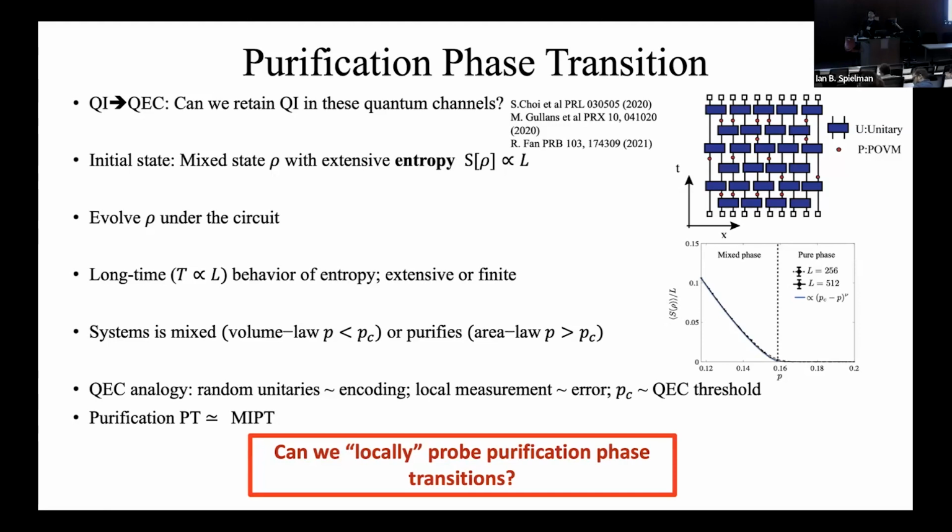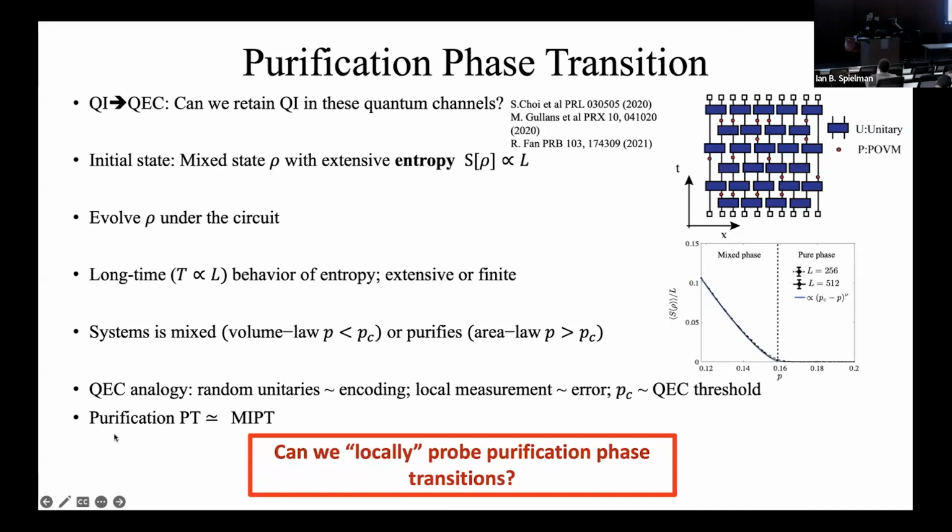However, if the measurement rate is very large, we end up purifying the state that was initially maximally mixed. And it turns out that for these circuits, this critical value of the measurement rate that determines this transition from a mixed state to a purified state agrees with the critical exponent and the measurement rates obtained for measurement-induced phase transitions.